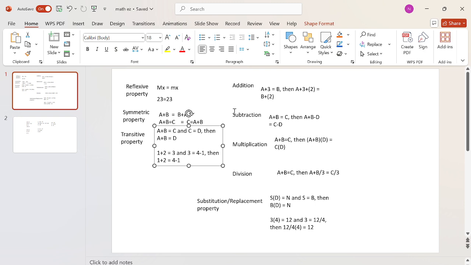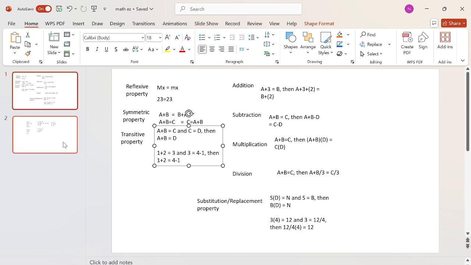So then B times D equals N. Or also here, 3 times 4 equals 12. Also, 3 can also be 12 divided by 4. Then 12 over 4 times 4 equals 12. Since they have the same value, you can replace one another if they have the same value.